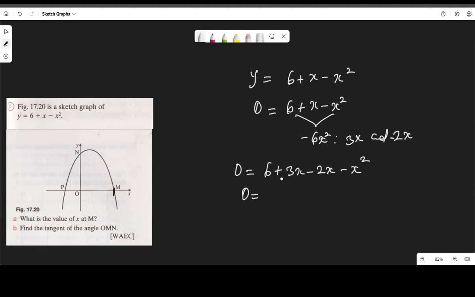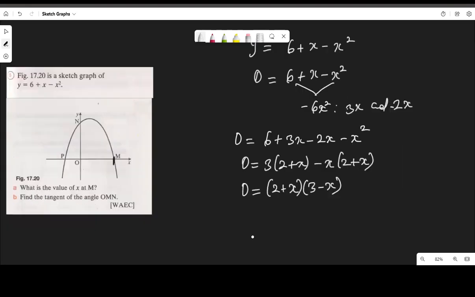0 is equal to, I'm grouping this 2 by 2, then factoring it out. 3 is common there: 3 into 2 plus x. Minus here, x is common, so 2 plus x. I have a common factor 2 plus x. Therefore 0 is equal to 2 plus x and 3 minus x.